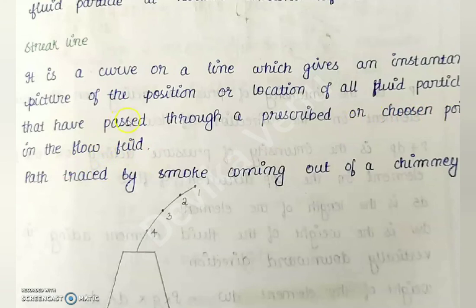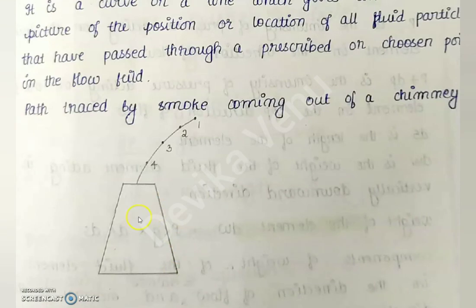Suppose, imagine a chimney like this. You are taking a picture of that particular situation. So this is the smoke, and you are taking the photograph of that at a particular instant. Then you will see a curve. How these particular fluid particles are moving, you will get the idea.